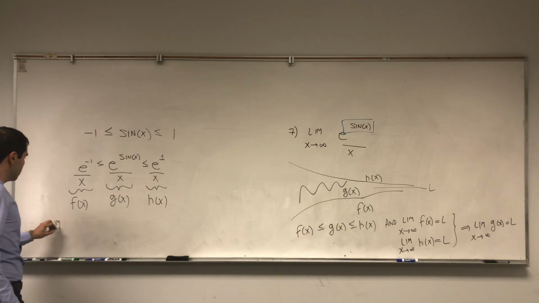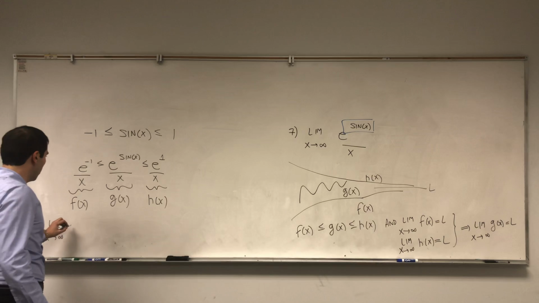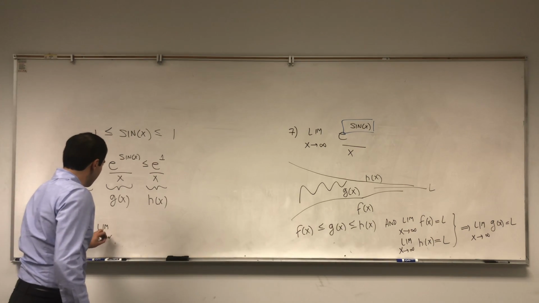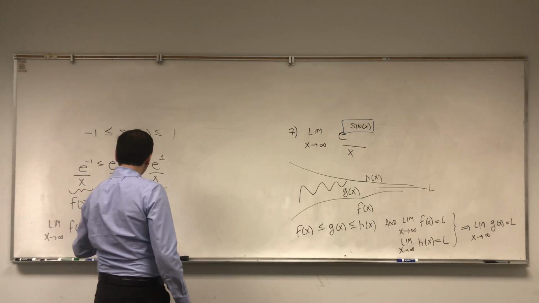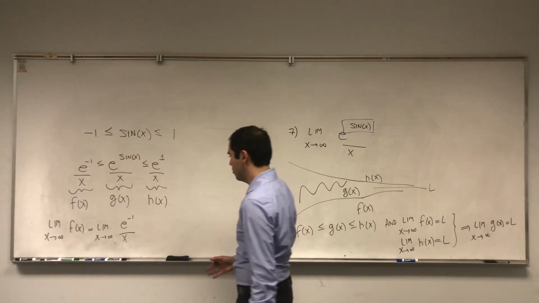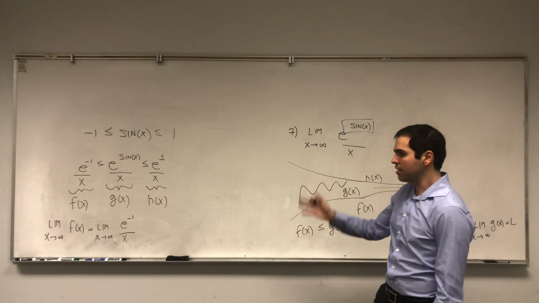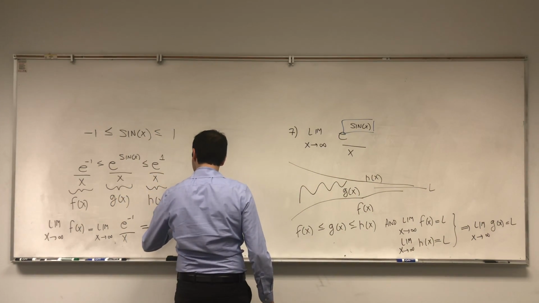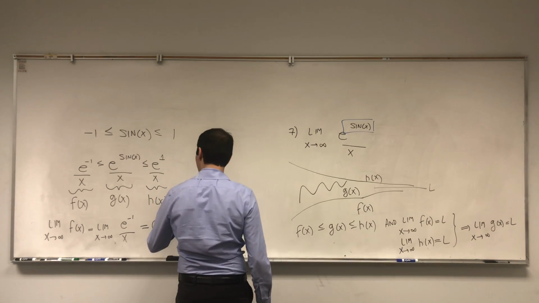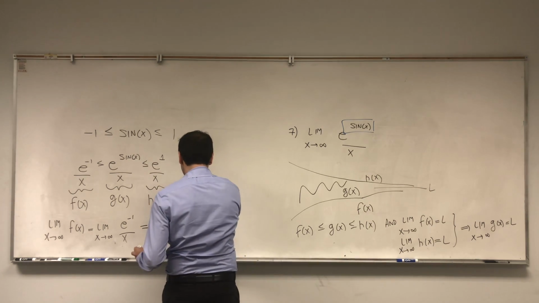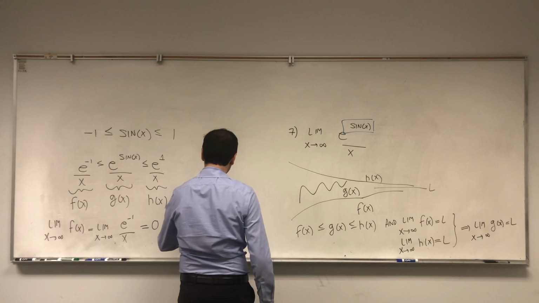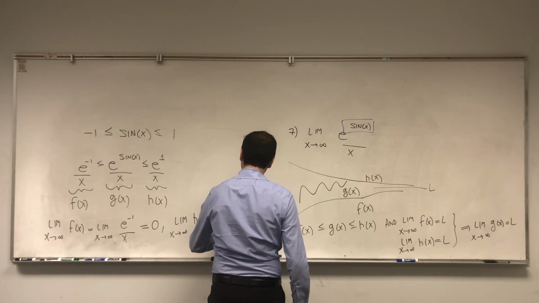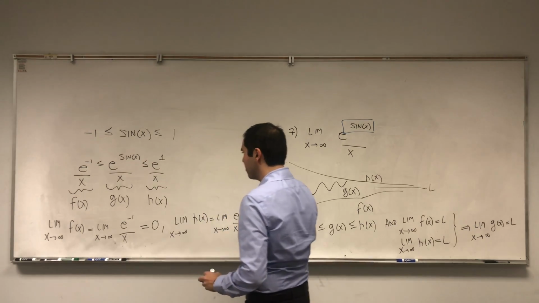What do we know? The limit as x goes to infinity of f of x is the limit as x goes to infinity of e to the -1 over x. So just think a number over x, and that's 0. The limit of the other function, h of x, not too complicated, is the limit as x goes to infinity of e over x, and that's also 0.